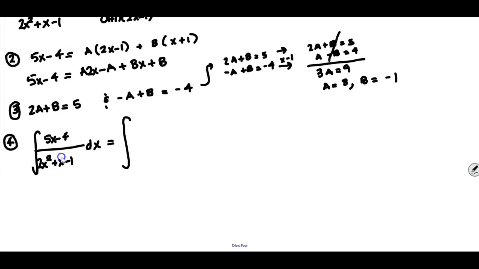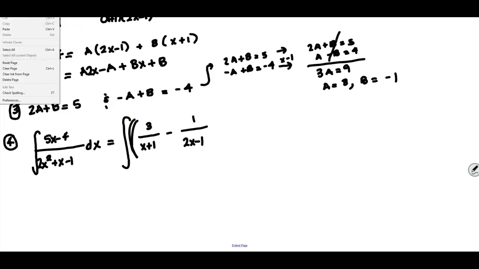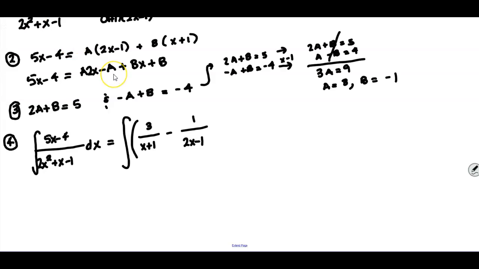So we have 3 over x plus 1 minus 1 over 2x minus 1 dx.